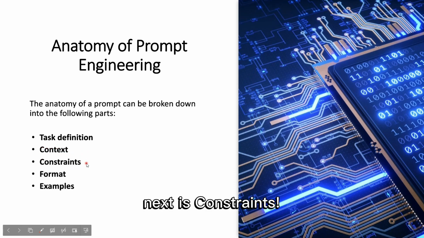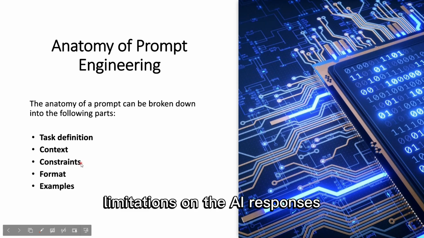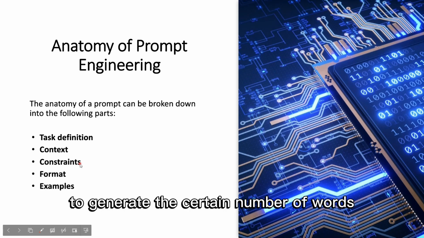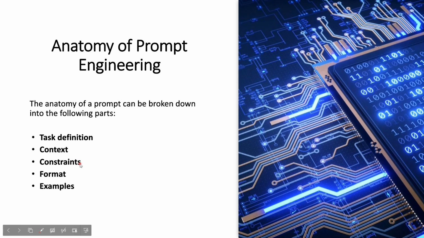Next is constraints. These are the limitations on the AI responses. For example, you might constrain the AI to only use certain words or to generate a certain number of words.